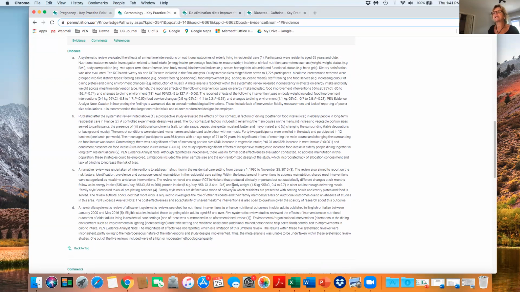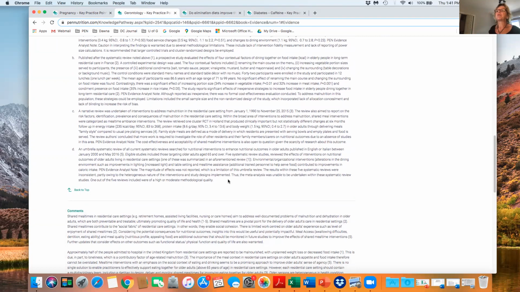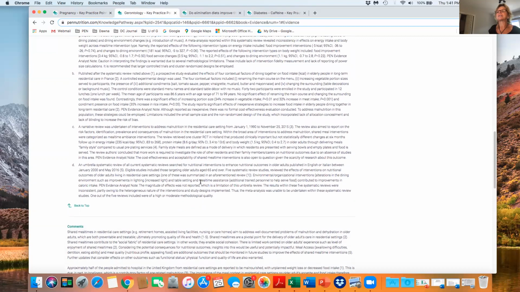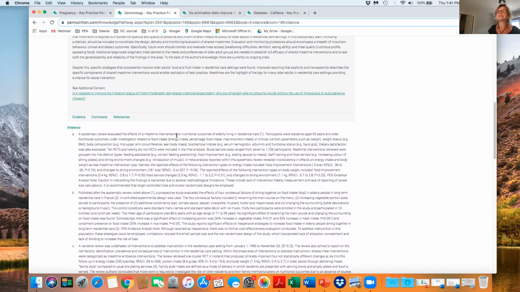And then there was also an umbrella review of systematic reviews looking at enhancing nutritional outcomes in older adults, which was also relevant because it included some different interventions.